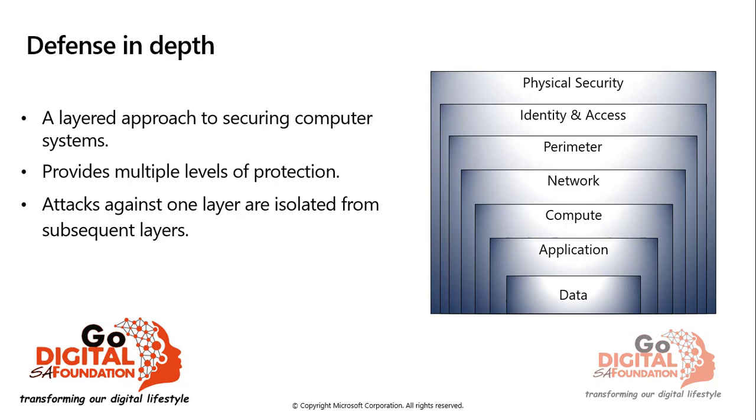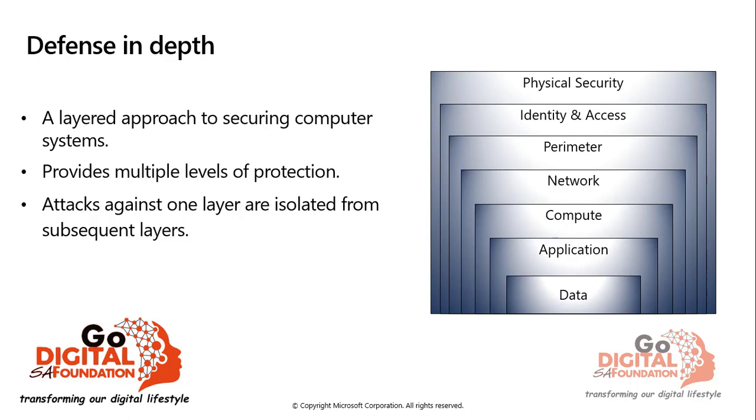Just like when you enter a certain building, there's always certain types of security. Maybe for physical security, there's a security officer standing guard by the door, and when you pass that guard, you will find some other security, whether it's biometrics or a card you need to use.